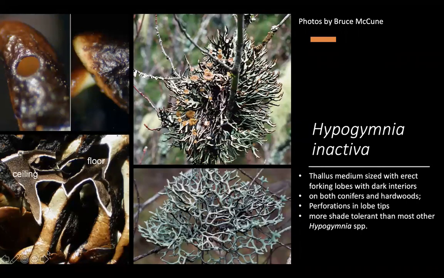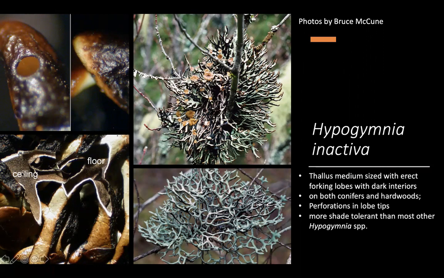Next up, we have some of the Hypogymnia species. First, we have Hypogymnia inactiva. This is a medium-sized Hypogymnia with erect forking lobes. Here you can see its erect growth pattern. Here's one a little bit more flat, but you can see the forking lobes. I think you might recall me mentioning in one of my videos that one of the ways you can differentiate between species of Hypogymnia is to open up the hollow lobe and look at the interior.